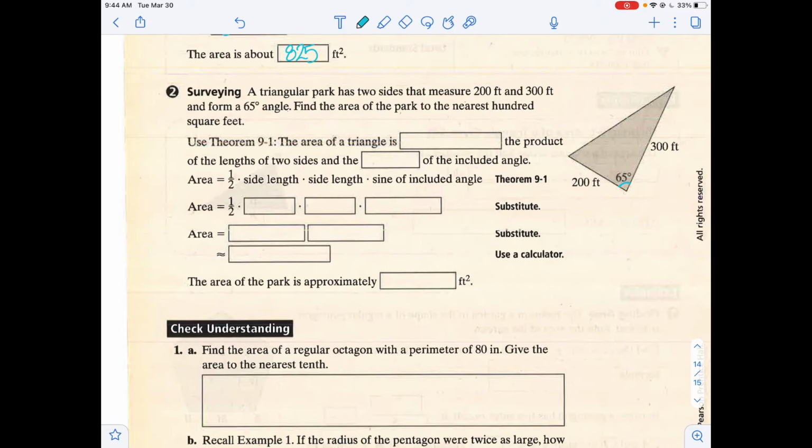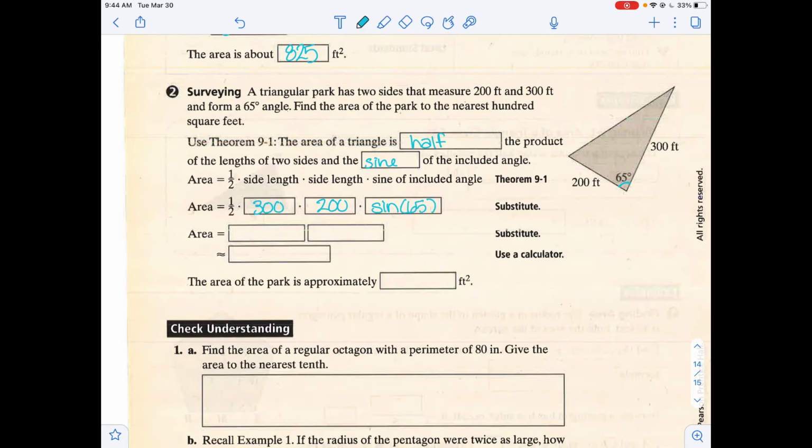So the area of a triangle is half the product of the lengths of the two sides and the sine of the included angle. So 1/2 times side length times the sine of the angle. So our side lengths are 300 feet and 200 feet. And we need the sine of our angle 65.